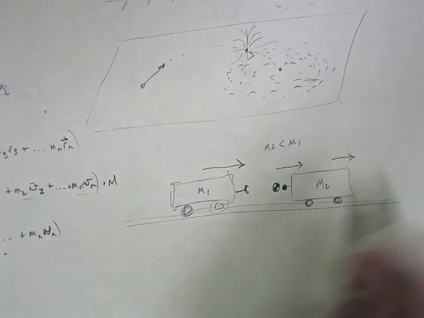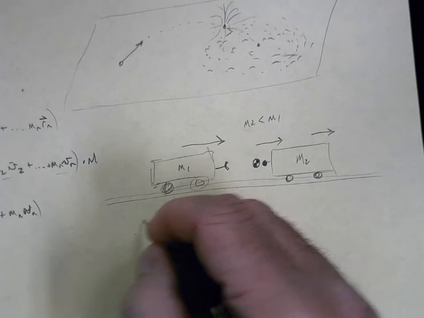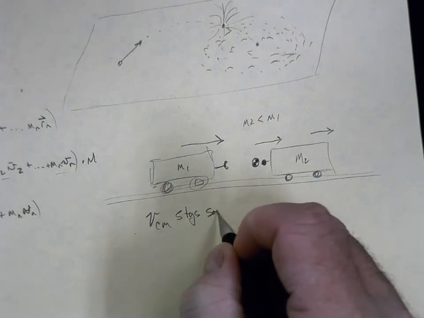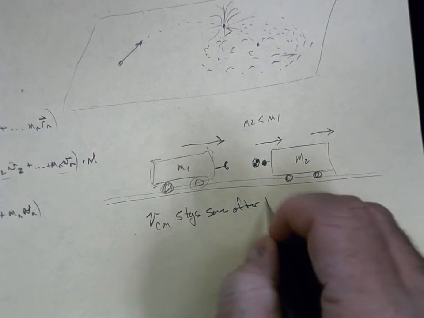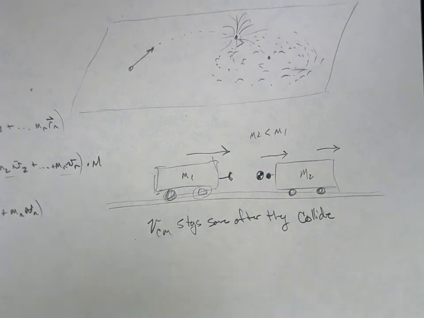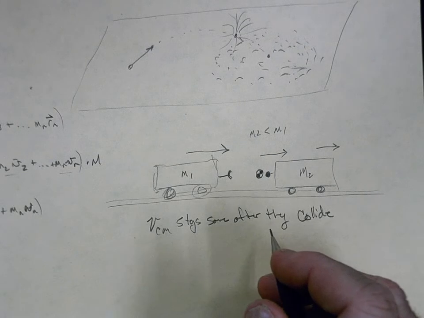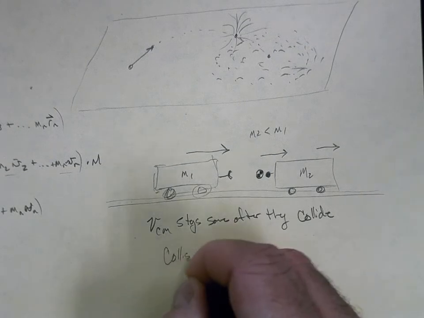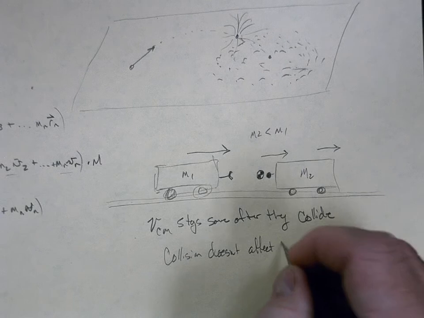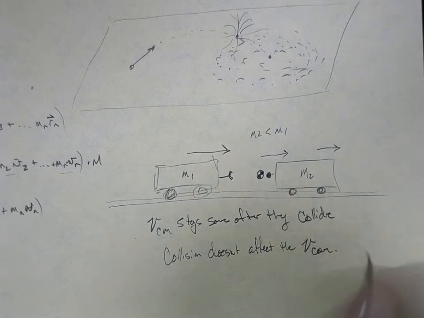Even when they collide, because this one is going to catch up to that one, the velocity of the center of mass is going to stay the same after they collide, because the collision doesn't affect the center of mass.